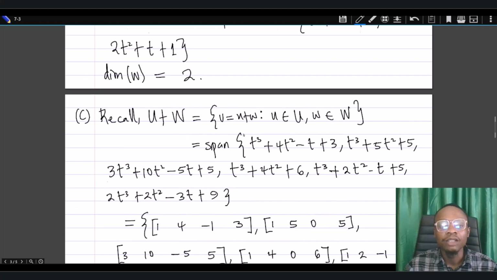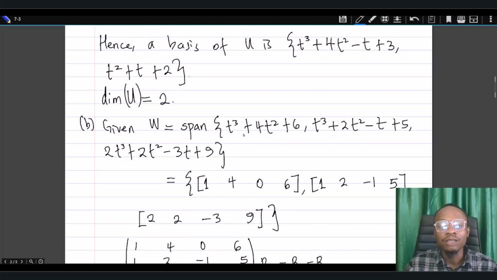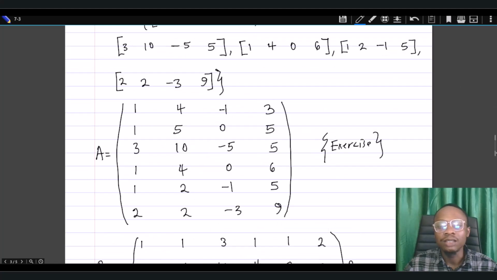So U is spanned by t cube plus 4t squared minus t plus 3 and t cube plus t plus 2. So we can just insert those vectors here.